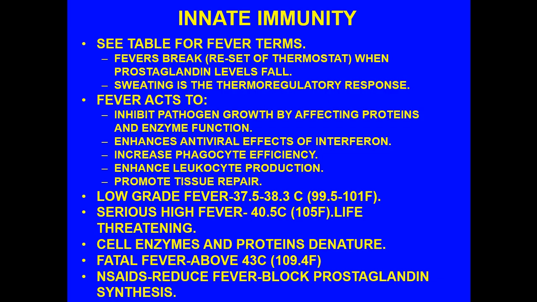Basically, normal temperature would be 37 degrees Celsius, which is 98.6 Fahrenheit. And what we have here for a low grade is 99.5 to 101. If you have a serious high fever, that's where you're going at about 40.5 Celsius or 105 F. That's life-threatening. People get nervous when you hit 104.